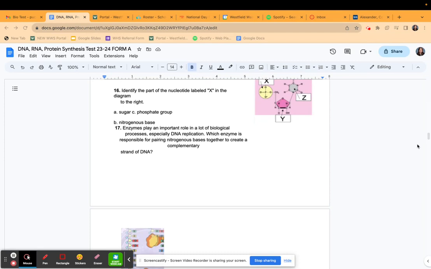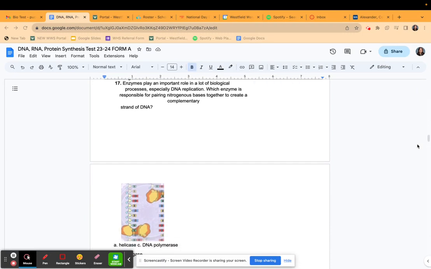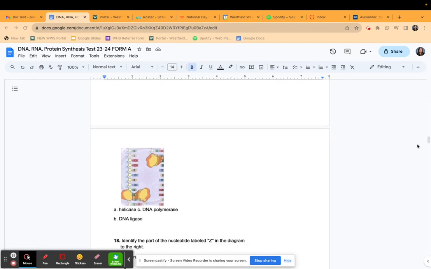16. Identify the part of the nucleotide labeled X in the diagram to the right. A. Sugar, B. Nitrogenous base, or C. Phosphate group. 17. Enzymes play an important role in a lot of biological processes, especially DNA replication. Which enzyme is responsible for pairing nitrogenous bases together to create a complementary strand of DNA?